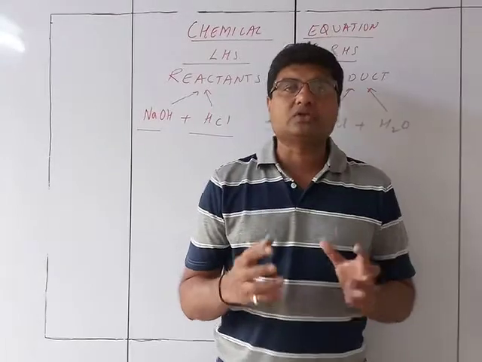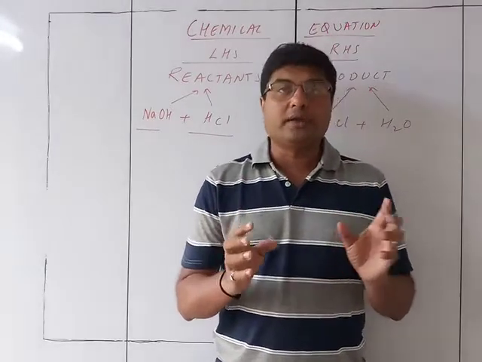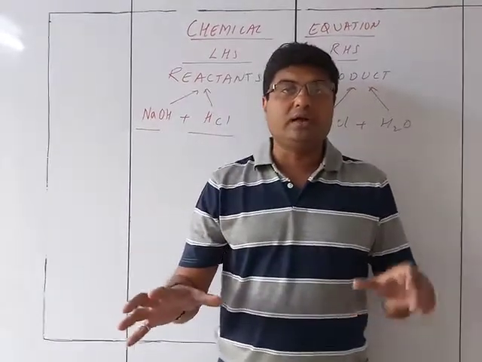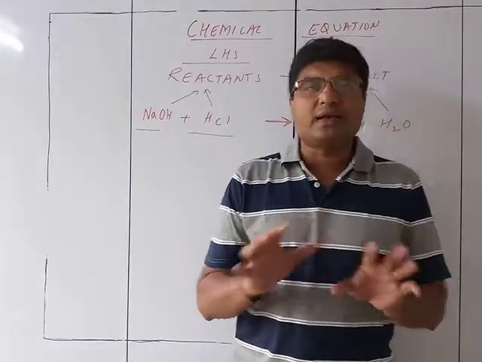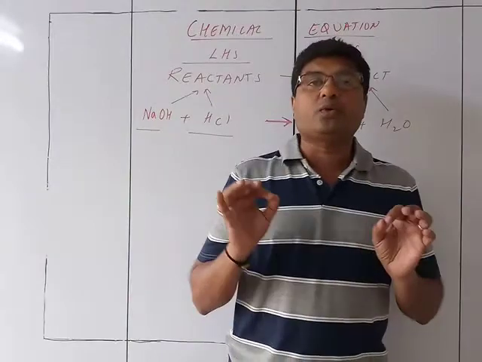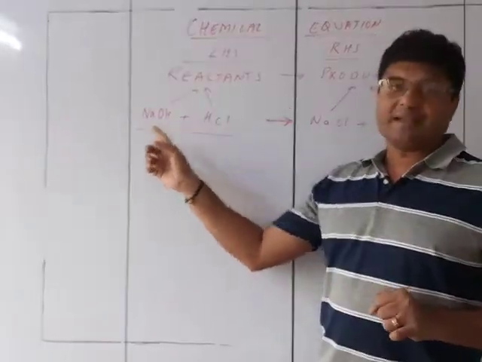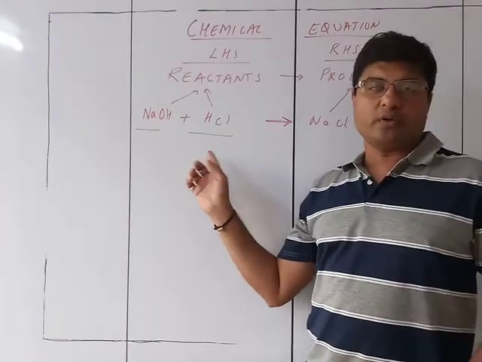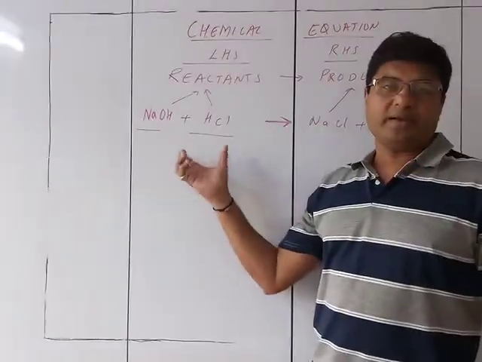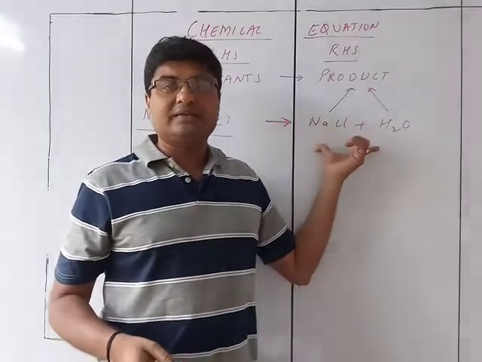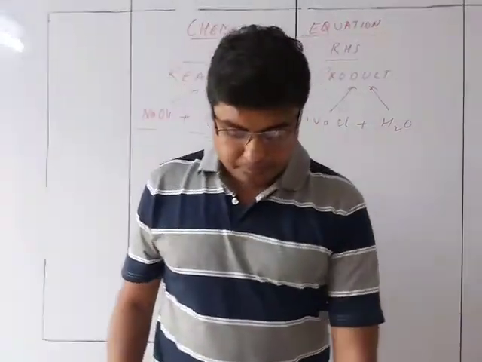There is no strong rule that if this is two, this has to be two only, or if this is three, then this has to be three only. It is simple: whatever reaction takes place is given with a plus sign to indicate that these reactants are reacting, and the products formed are also given with a plus sign in between.